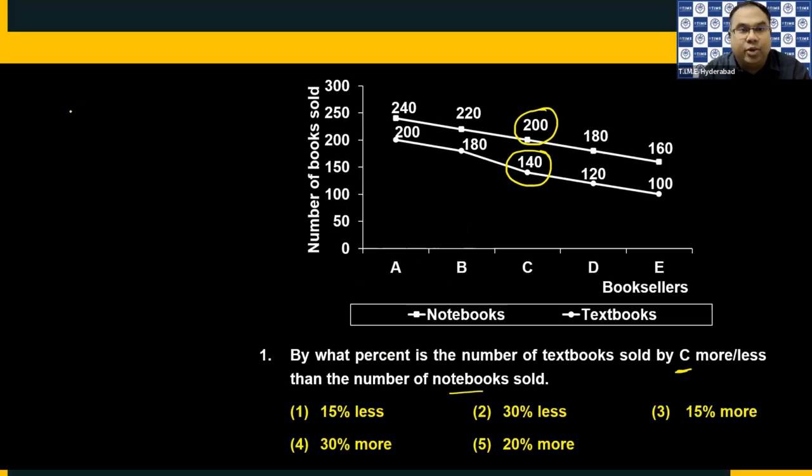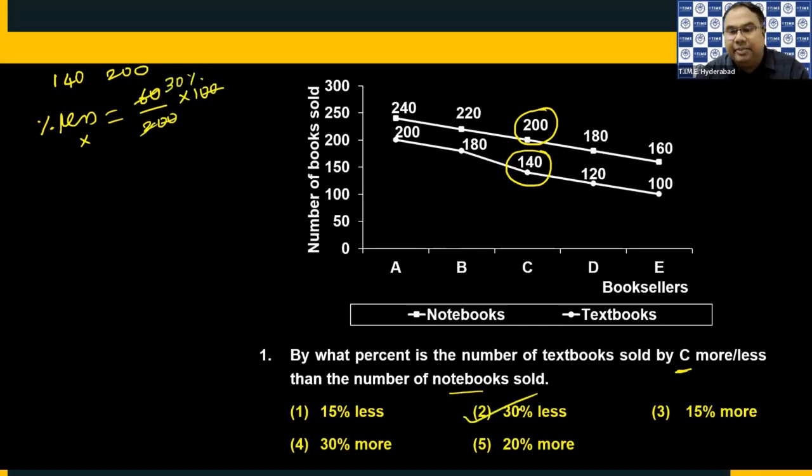How do we calculate percentage less? Difference is 60, divided by the larger value 200, into 100. So it has to be 30% less. 30% less is present in the second option.